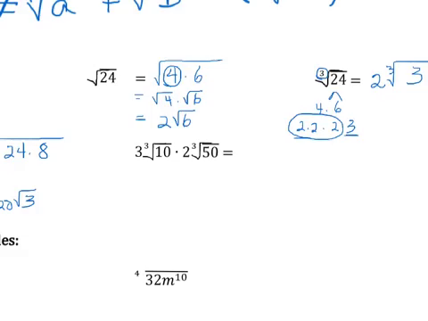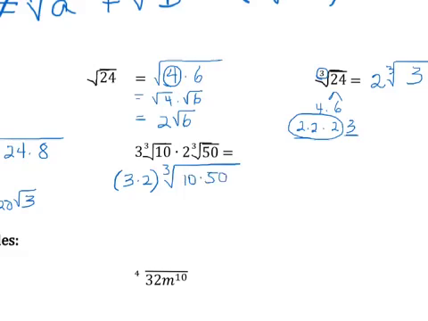Once again, I want to pull out these cube roots. We're going to do the same thing that we did with the square roots that were multiplied, rearranging. But this time we need a match of 3 numbers under the radical. So I'm going to rearrange and do 3 times 2, and then the cube root of 10 times 50.